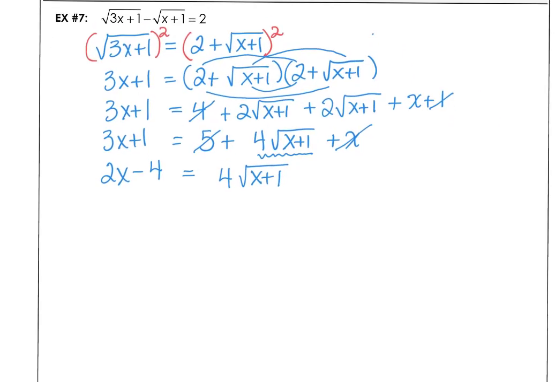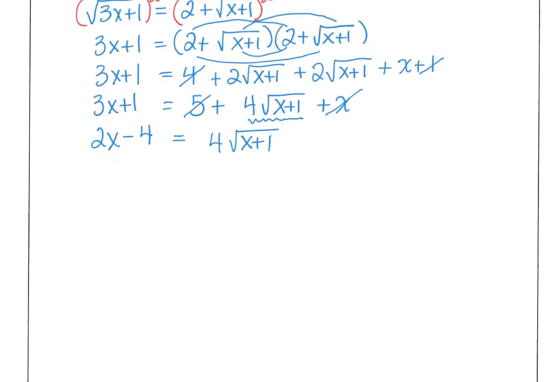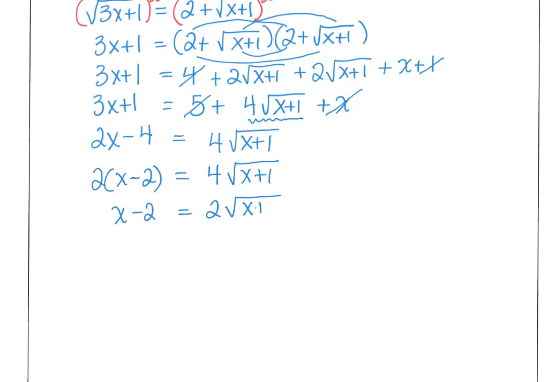So if you see a factor of 2 that's common throughout, we can factor out a 2 from the left and then divide 2 on both sides, which would leave x minus 2 on the left and 2 square roots of x plus 1 on the right.